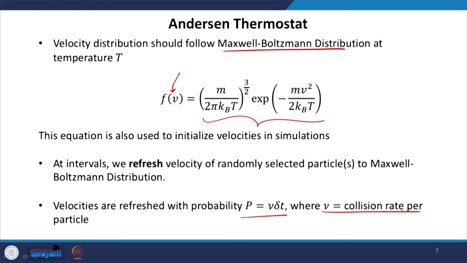So, the more refreshing we are doing, the easier it would be to control temperature, but then the farther we will depart from the true dynamics, because every time we do this kind of refreshing, we are not quite simulating the true dynamics, because true dynamics was only there in the NVE ensemble when there was no external interference with the motion of the particles.